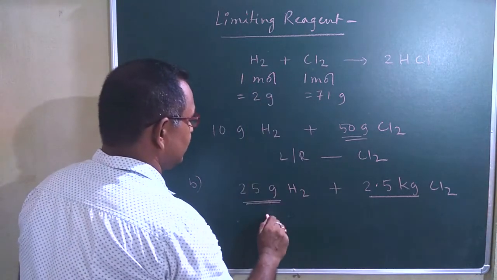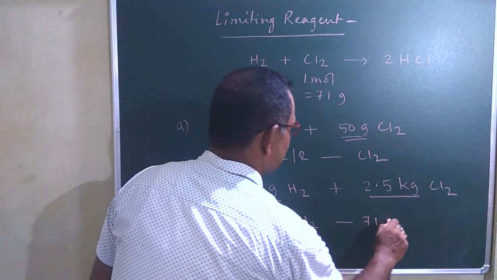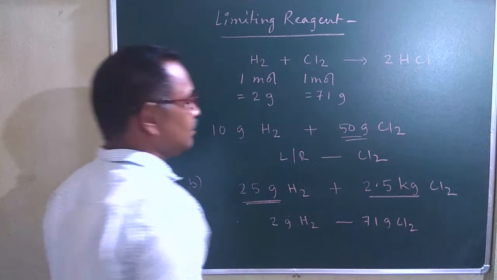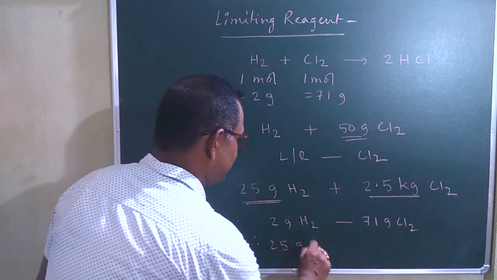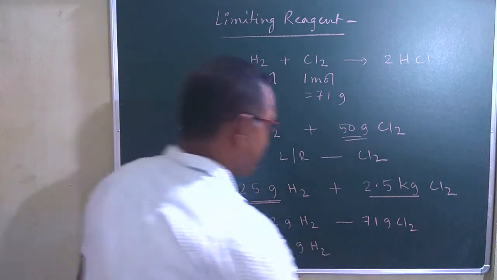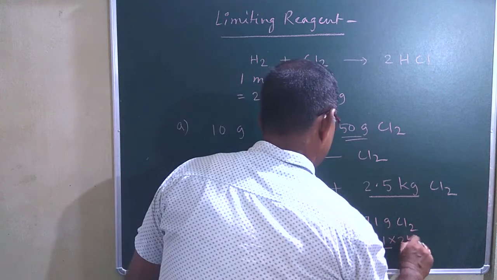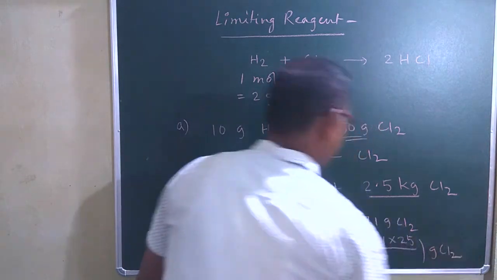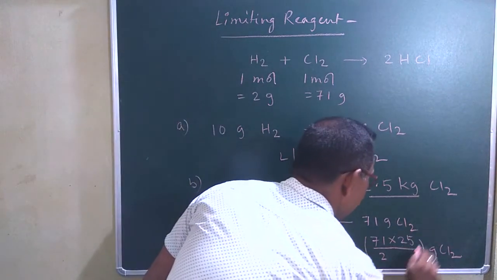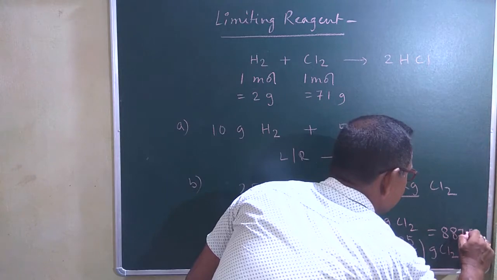According to this equation, 2 gram hydrogen needs 71 gram chlorine. So 25 gram hydrogen will need 71 by 2 multiplied by 25 gram chlorine. This would be 887.5 gram.